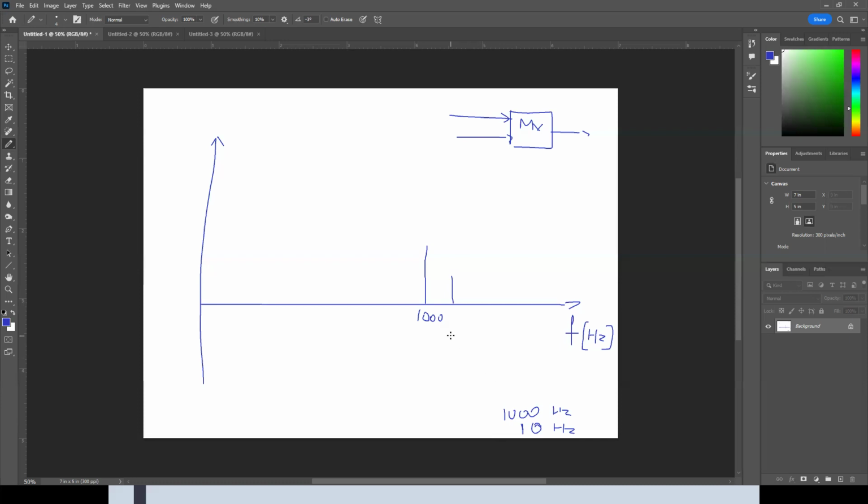So this is going to be 1010 hertz right here. And we're going to have 990 hertz because we're going to have the difference. 990 hertz.